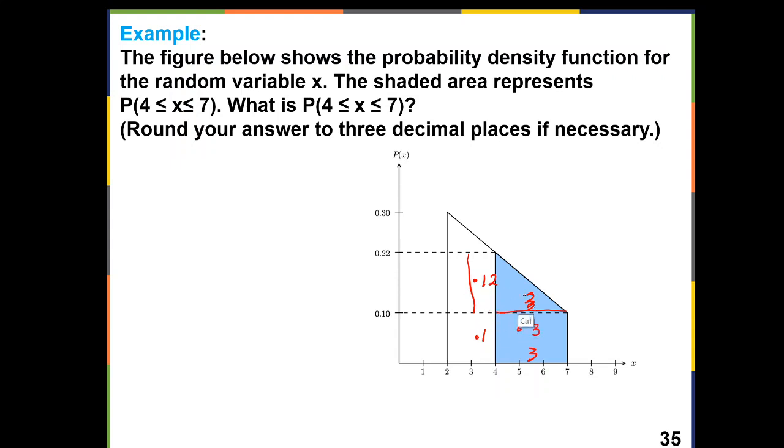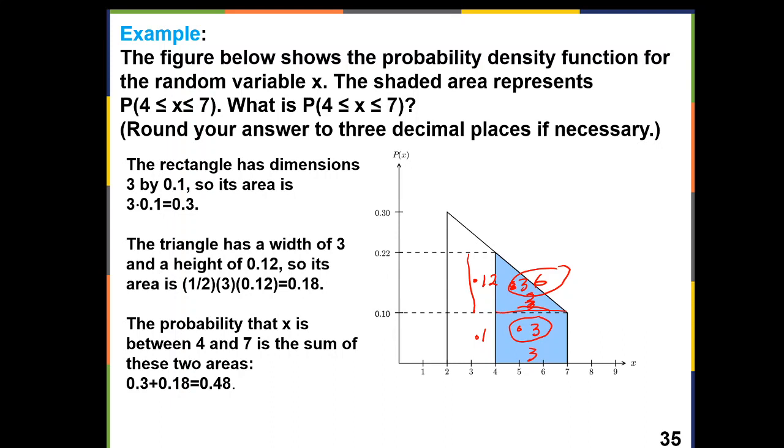So 0.12 times 3 is 0.36. So 0.3 plus 0.36 is what this area is.